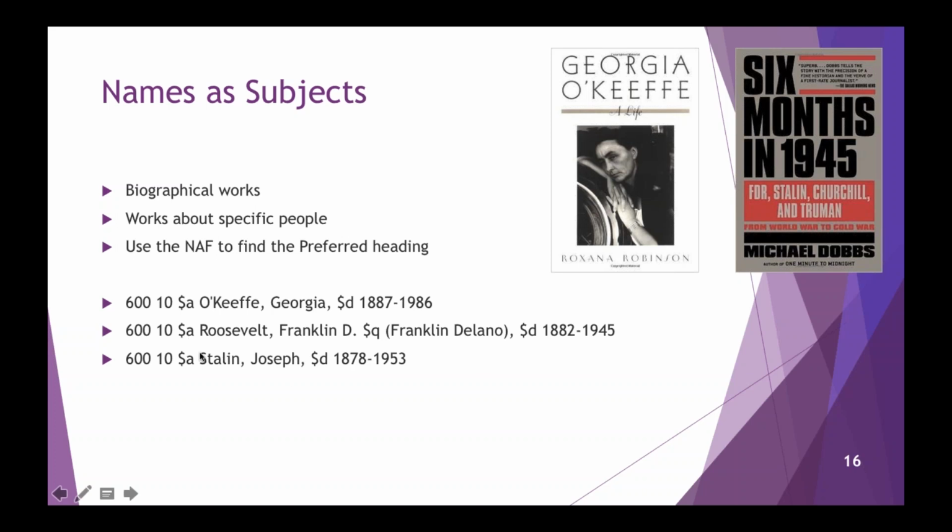And so here I've got just two, for example purposes, Roosevelt and then Stalin. So go to the name authority file, look them up, and then enter their name in a 600 field exactly as you find it for that preferred heading in the name authority file.